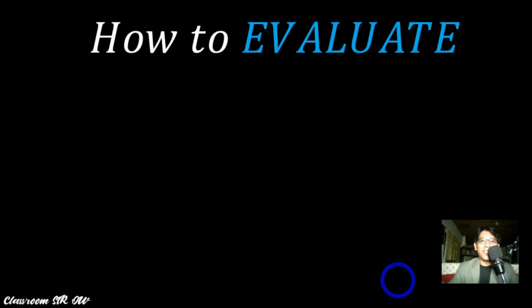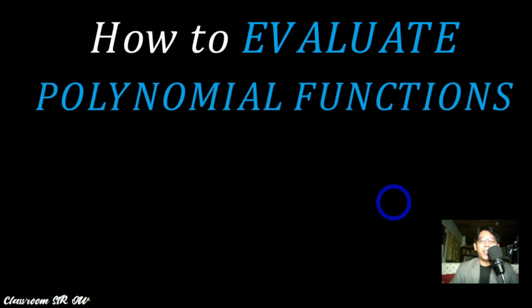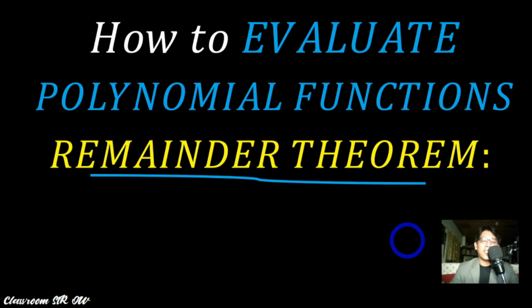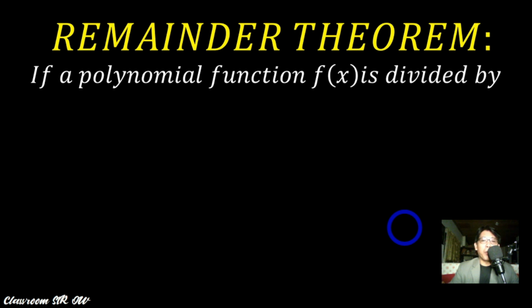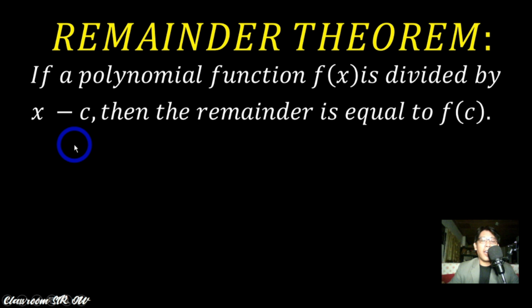So let us start. In this session, we will try to learn how to evaluate polynomial functions, of course, by the use of what we call the remainder theorem. So what is the remainder theorem? In a remainder theorem, if a polynomial function f of x is divided by a binomial x minus c, then the remainder is equal to f of c.